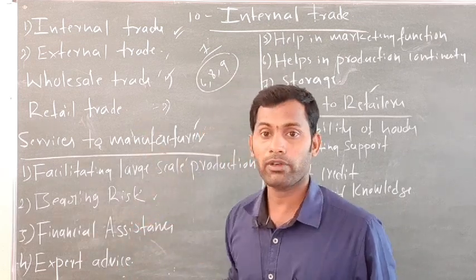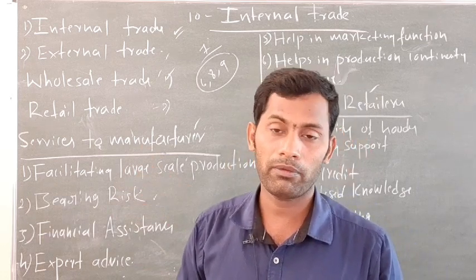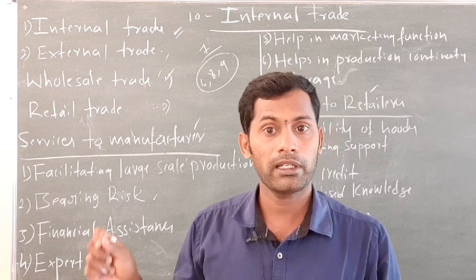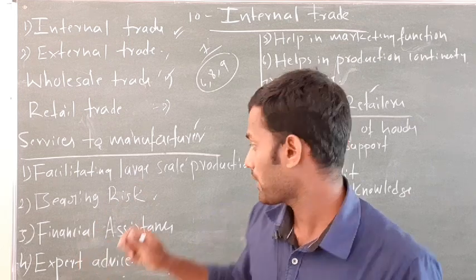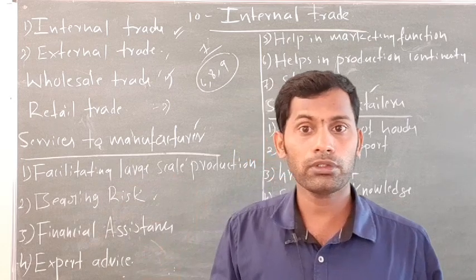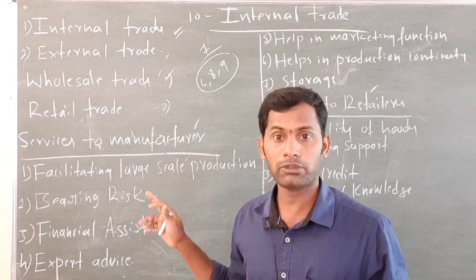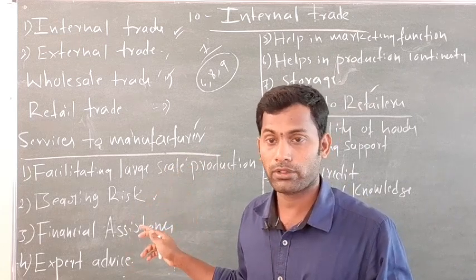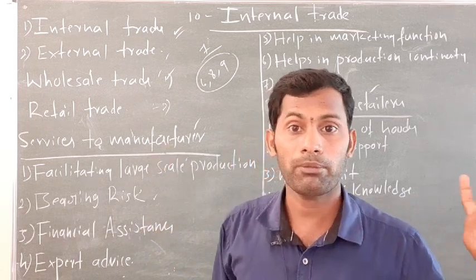Here the wholesaler purchases goods from the manufacturers in bulk quantity, then he keeps them in his storage or warehouses. So the wholesaler buys the goods from the manufacturers in large quantity, then stores them in his warehouse, so that manufacturers are relieved from some problems.